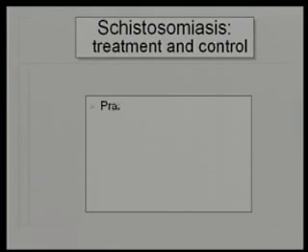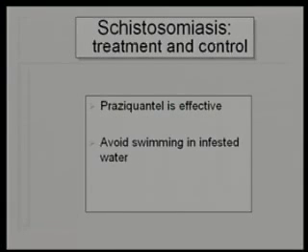Okay, I'll just finish in a couple of minutes with schistosomes, and then you can study the rest of it on your own time. The treatment is praziquantel. There were some reports that it may develop resistance, but later reports showed that there is no resistance really to the drug in these organisms, at least yet. So praziquantel is still effective.